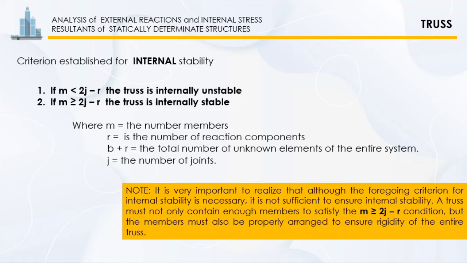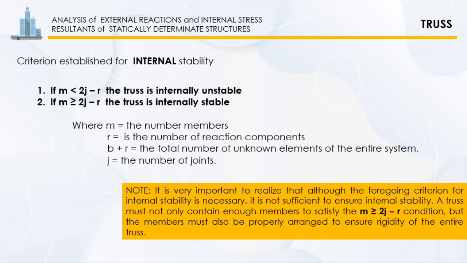joints. So note, class, that it is very important to realize that although the foregoing criterion for internal stability is necessary, it is not sufficient to ensure internal stability. A truss must not only contain enough members to satisfy the M is equal or greater than 2j minus r condition, but the members must also be properly arranged to ensure rigidity of the entire truss.